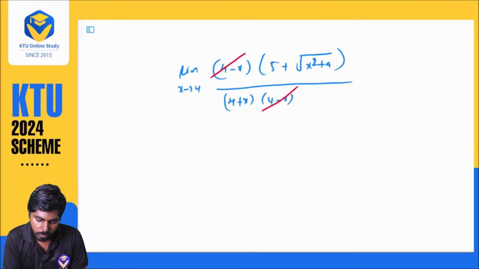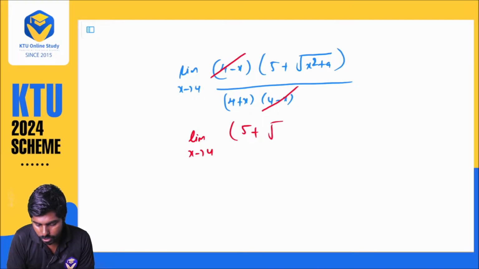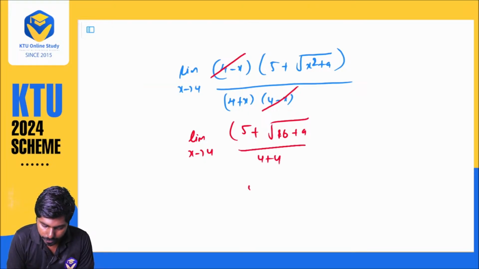Now very simple, we will be getting the limit directly. Limit x approaches 4 means we will be getting 5 plus root 4 square, that is 16 plus 9, divided by 4 plus 4, that is 8. So we will be getting 5 plus 5 divided by 8, that is nothing but 10 by 8.